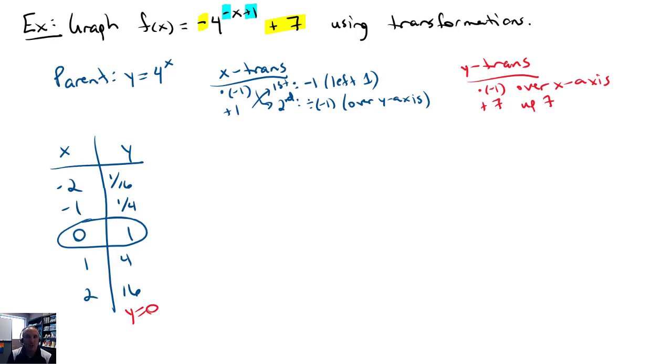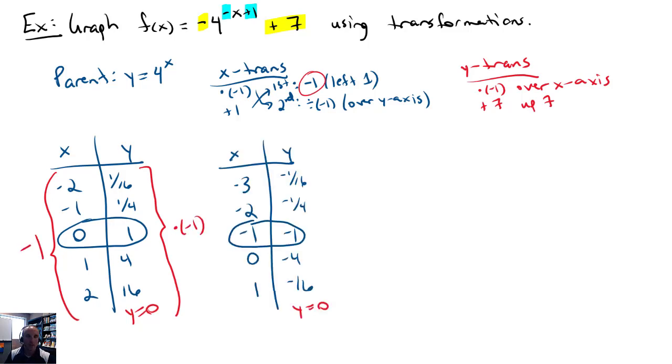Now I need to go work on my x column and my y column because I have both transformations. So my first x transformation is to subtract 1, and my first y transformation is to multiply by -1. And we get a new reference point, -1, -1, and the asymptote didn't change because if you multiply 0 by -1, it stays the same.